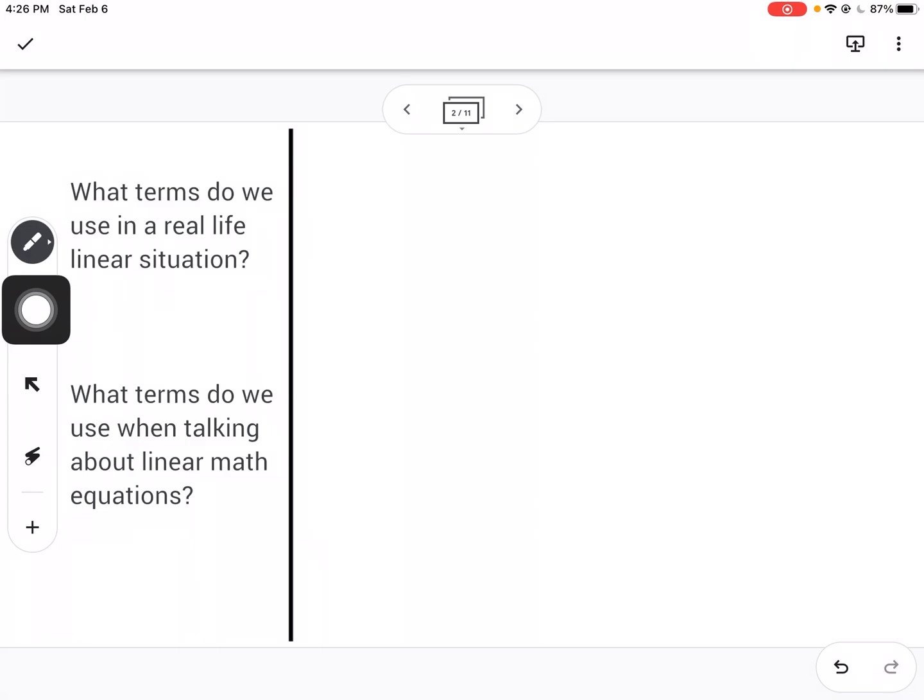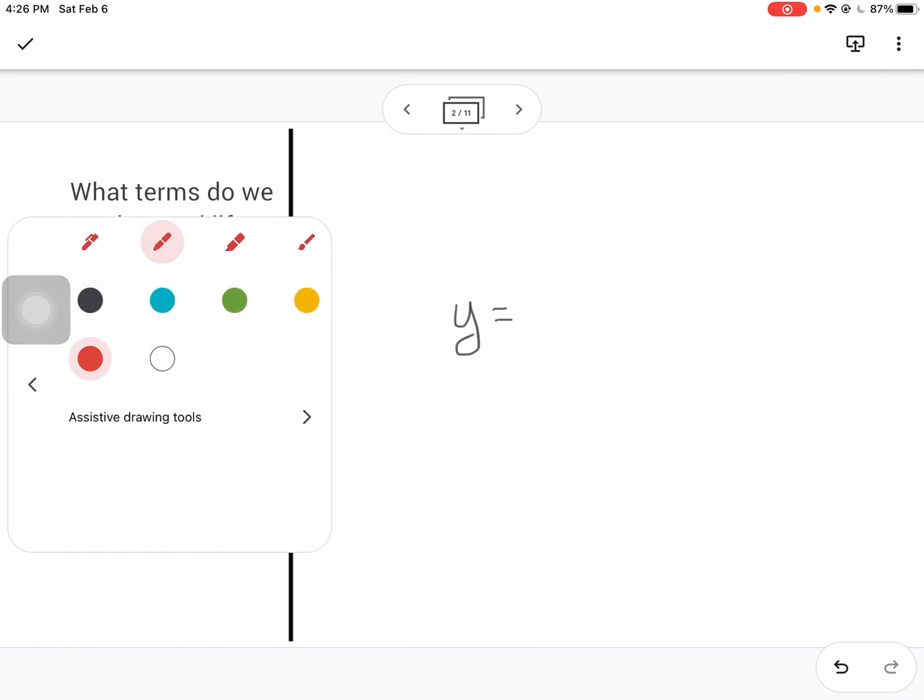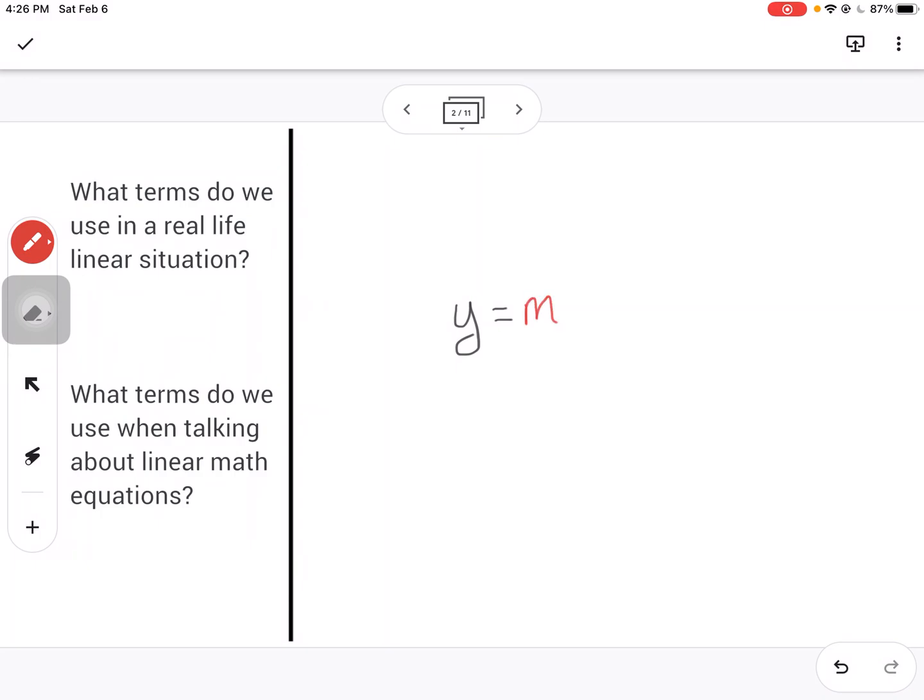So remember, our equations for a linear situation can always be written in this form. Y equals mx plus b.